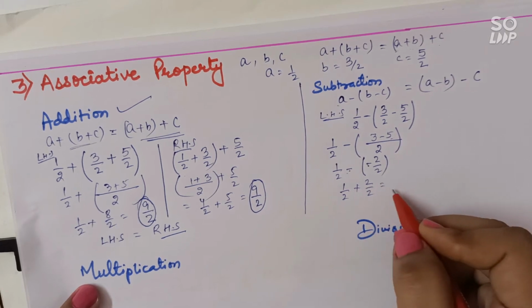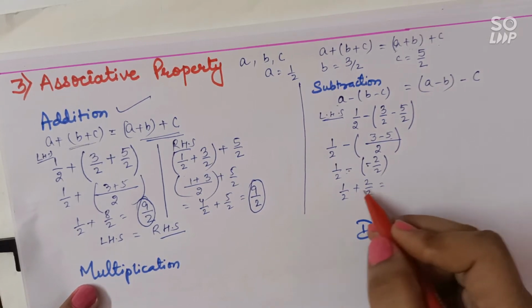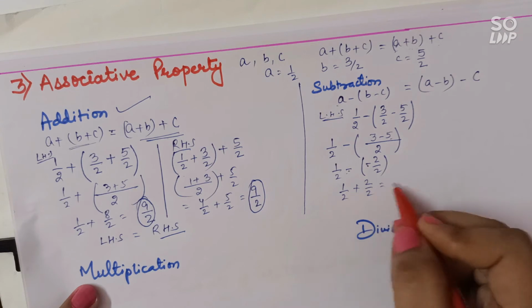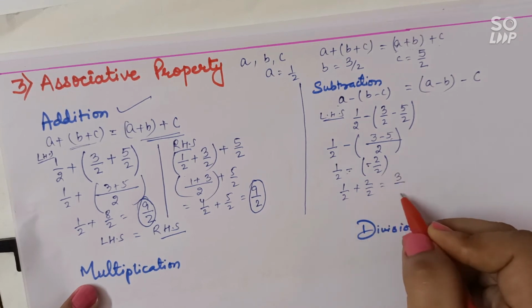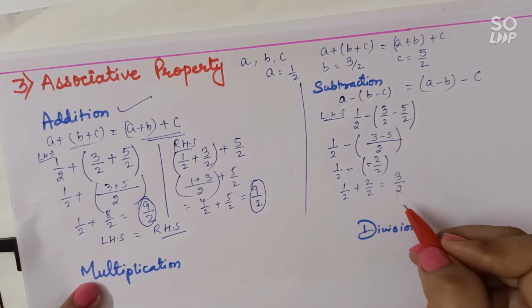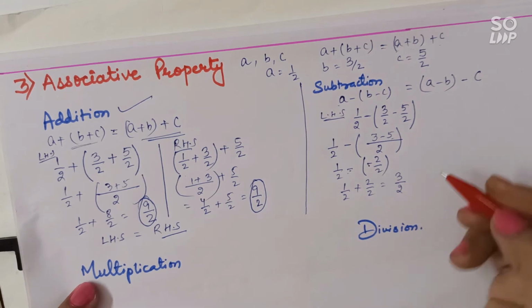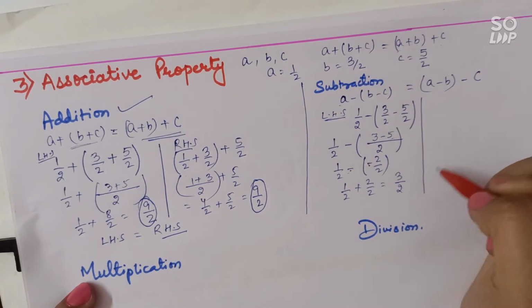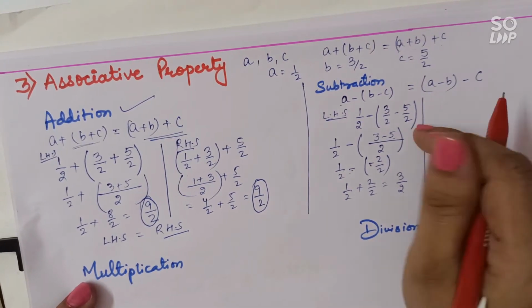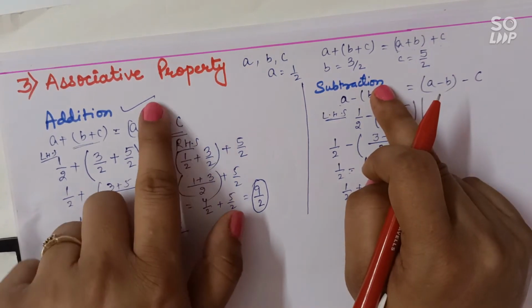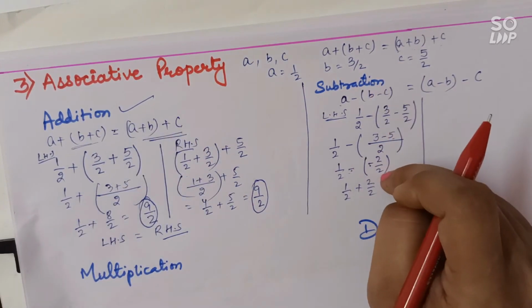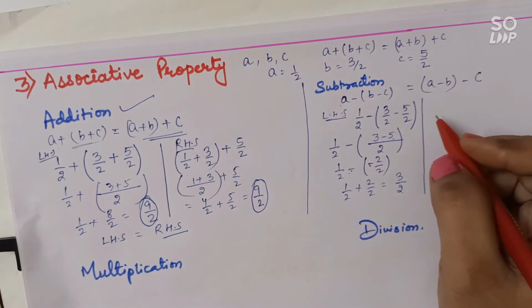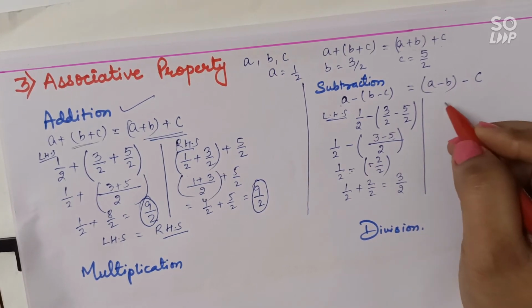I'm not cancelling out here, I'm just adding them: 2 plus 1 is 3 divided by 2, 3 by 2. Let's check for the RHS part whether the result is the same or not. If it is the same, then it will also hold the associative property. If it is not the same, then it will not hold the associative property.